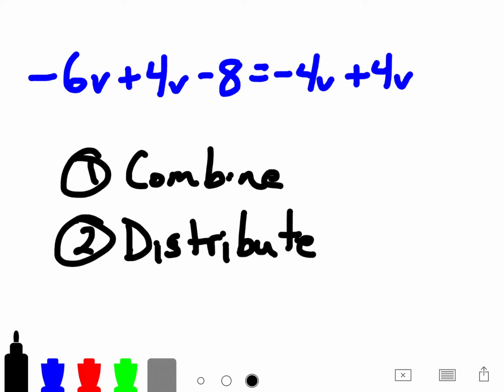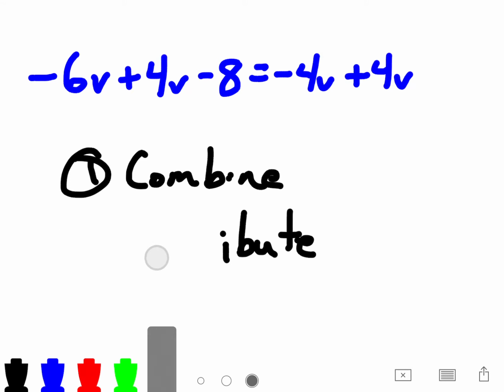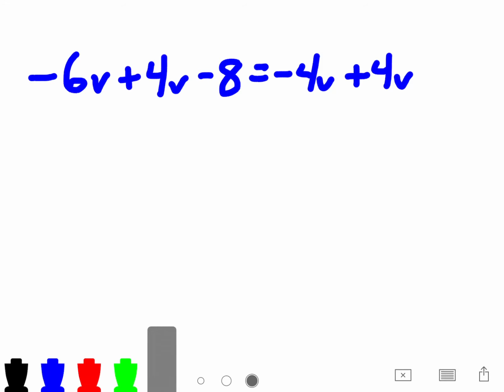So let's take a look. Can we distribute anything? No, we can't, but we can combine some things. What do we need to combine like terms? They need to have the same letter, the same variable. So let's do it. Right here, these have the same letters.